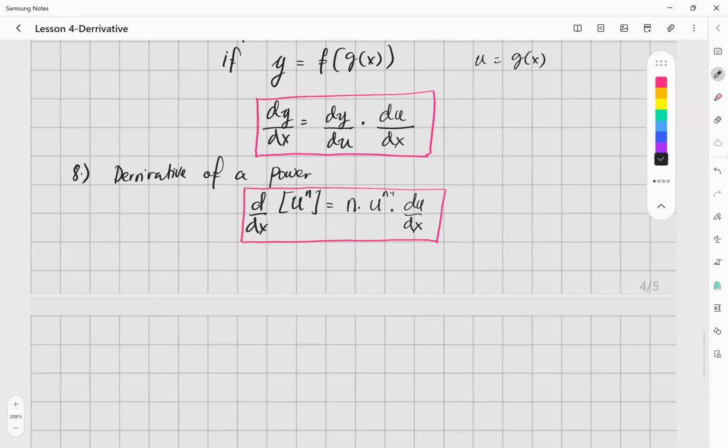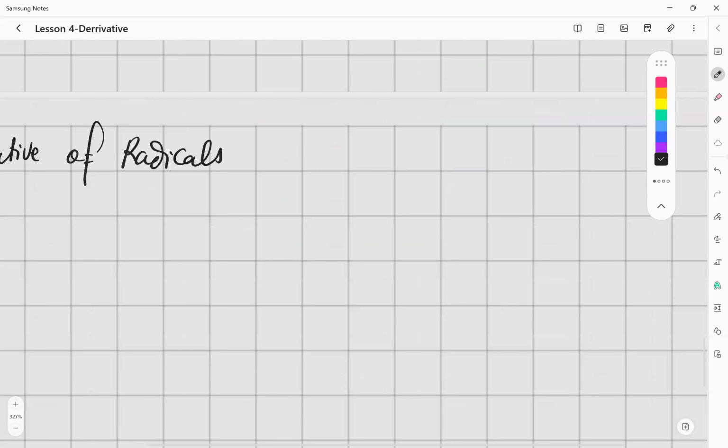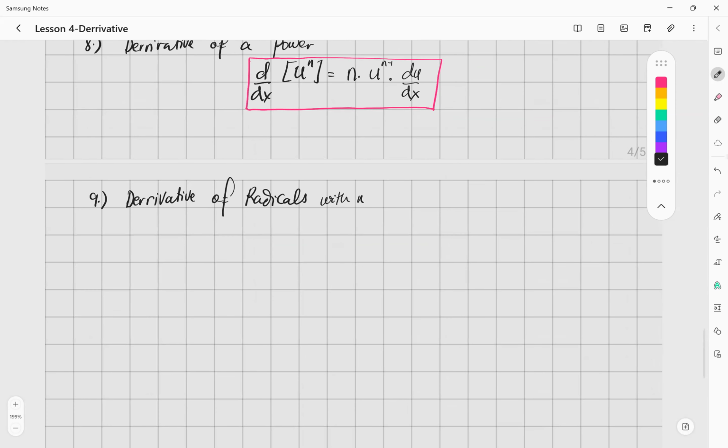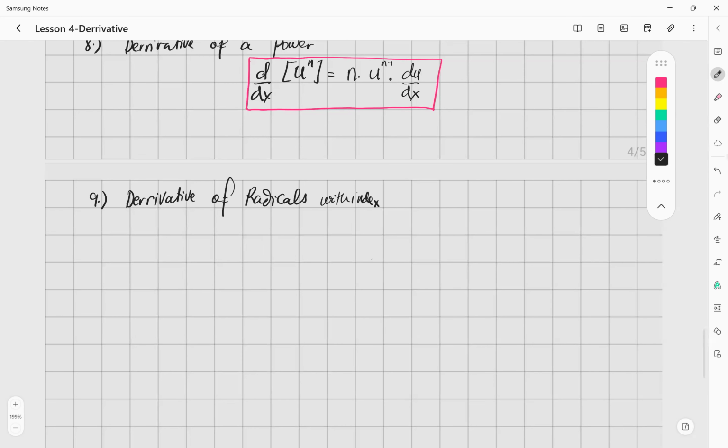Okay. Now number 9, derivative of radicals with index equal to 2.